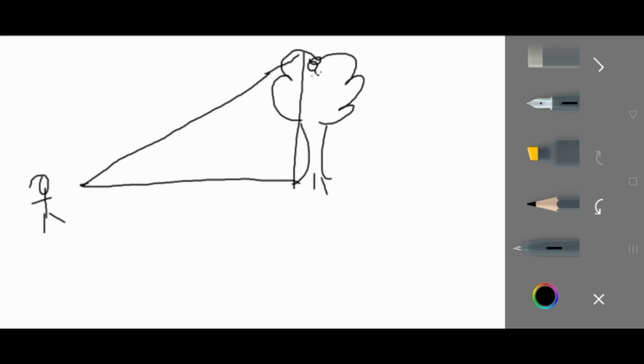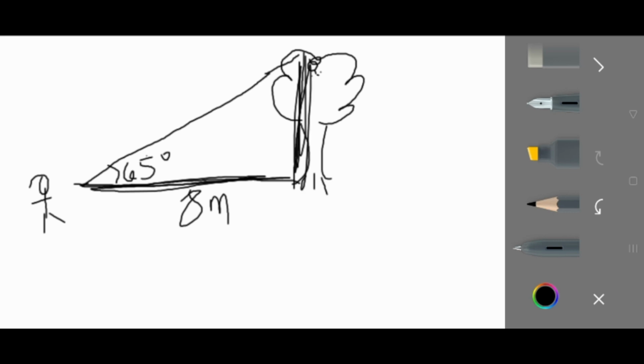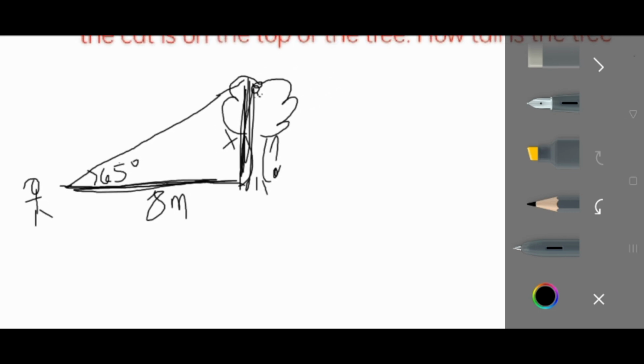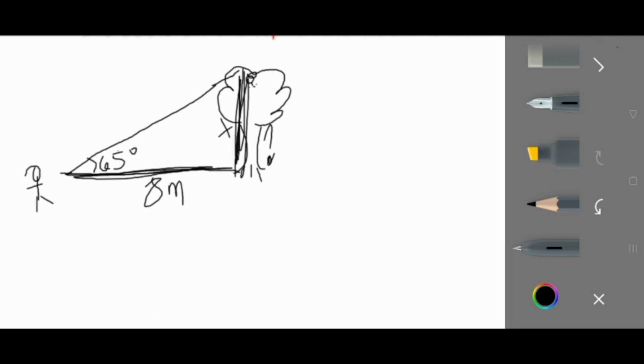He is looking up at 65 degrees, and he is 8 meters away from the tree. So the question is, how tall is the tree? Let's put a variable here, any variable, which I love is x. Now let's see what is given.